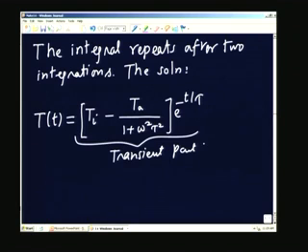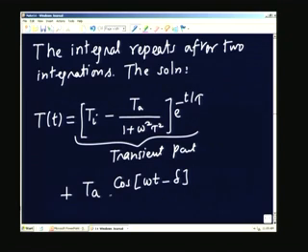The solution is made up of two parts, the transient part plus a steady state response part, which is given by T a multiplied by cosine of omega t minus delta, where delta is called the phase angle, divided by the square root of 1 plus omega squared tau squared. This solution can be worked out by the method I have suggested.